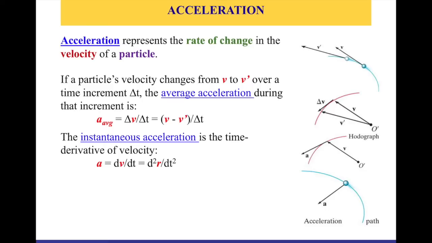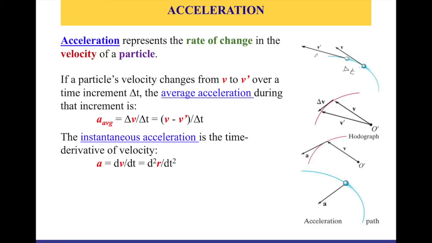Now, we would like to talk a little bit more about the direction of acceleration, because that's an important concept as well. If you look at a particle moving on a path, we said that the velocity will always be tangential to the path. That's your v initial, and this is your v final. After a specific delta t, we move from this point to that point, and our velocity changes from v to v bar.